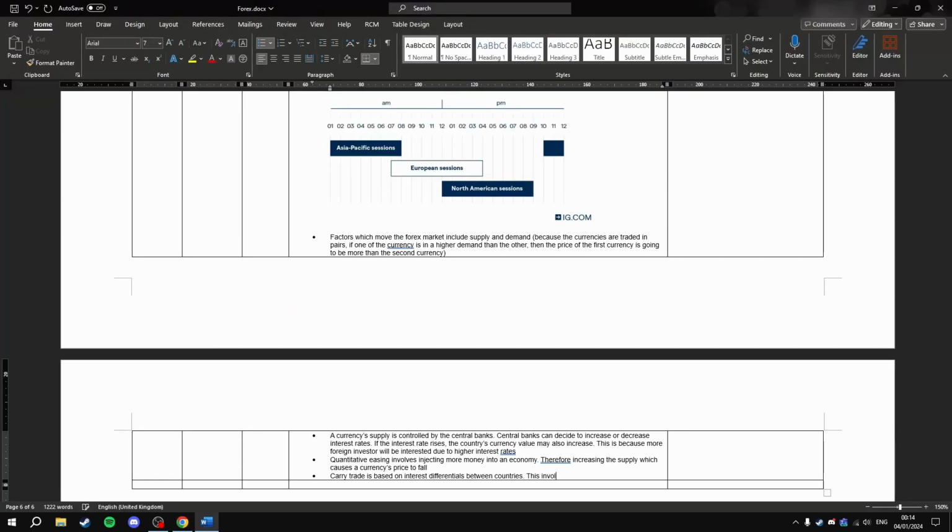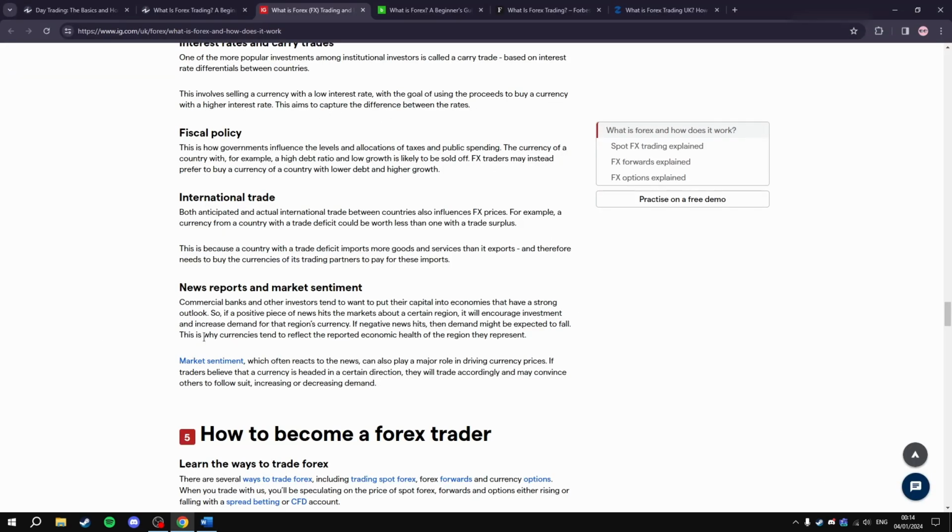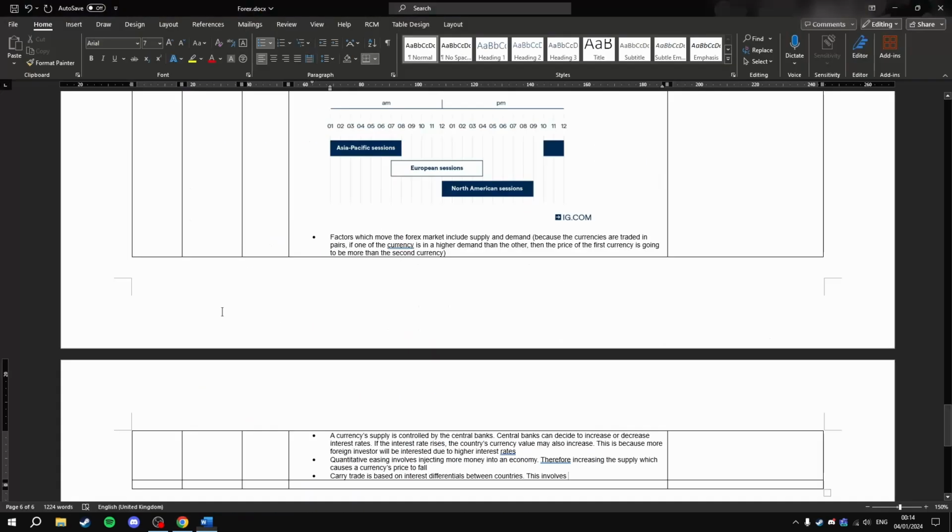This involves selling a currency with a low interest rate and using it to buy a currency with a higher interest rate.